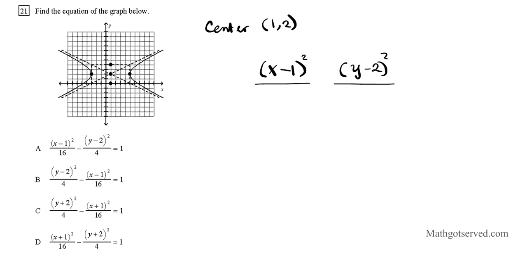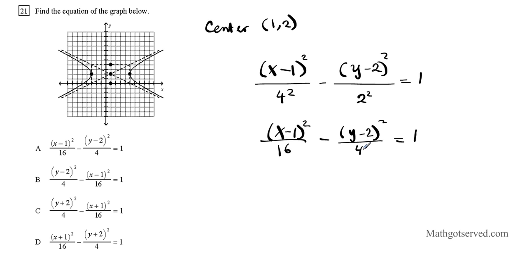So if it goes in the x direction, I'm going 1, 2, 3, 4. So we're going to put the 4 squared here, minus, and then we're going 1, 2 in the y direction, so put a 2 squared here equals 1. Okay. So the answer is going to be x minus 1 squared over 16 minus y minus 2 squared over 4 equals 1. Okay. So the answer to number 21 is option letter A.